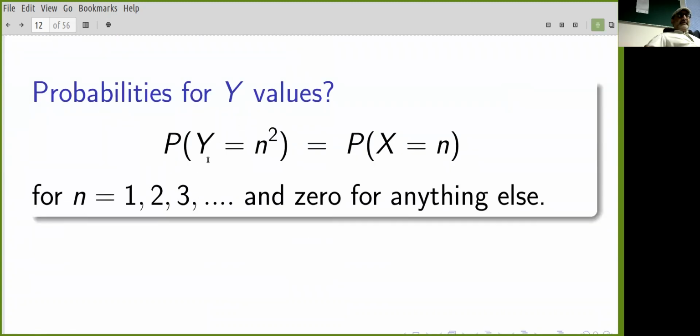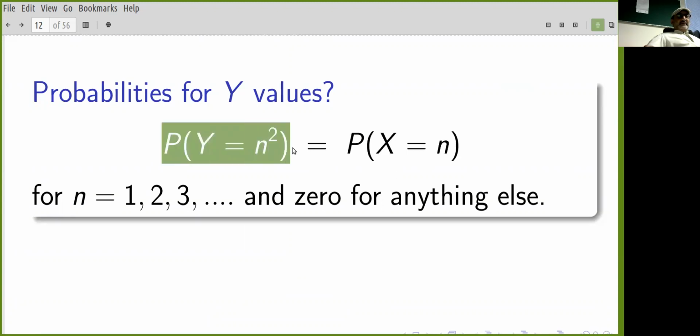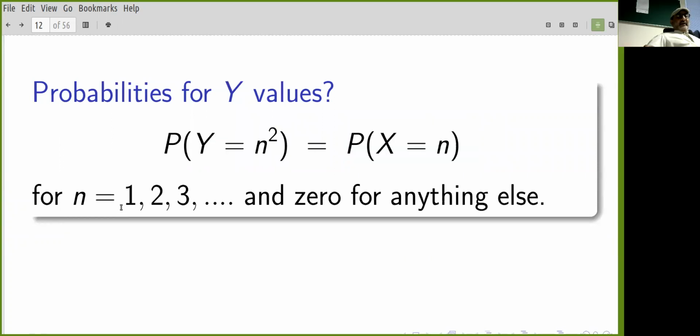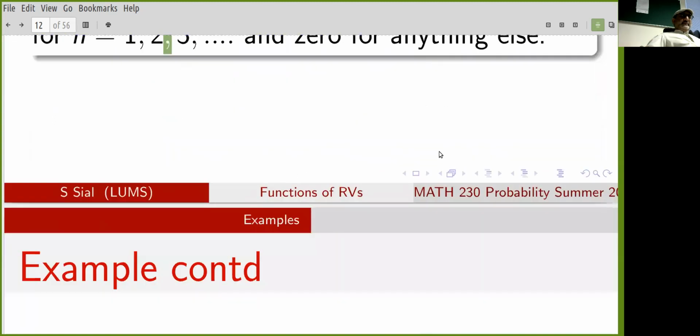If y equals n squared, what does that imply? It implies that x is equal to n. So the probability that y equals n squared is the probability that x is equal to n. And the allowed values of n for x were 1, 2, 3, and so on, and 0 for anything else. Right?